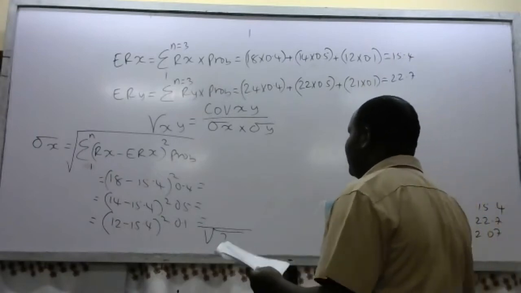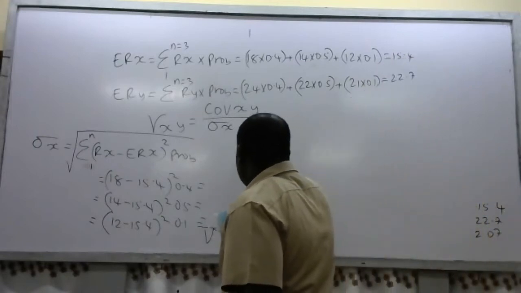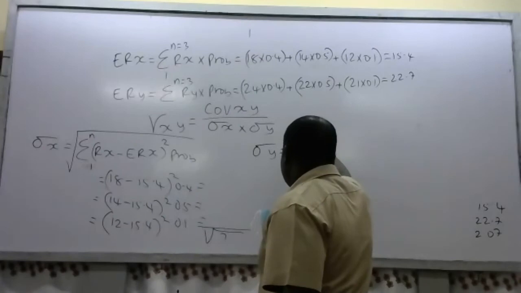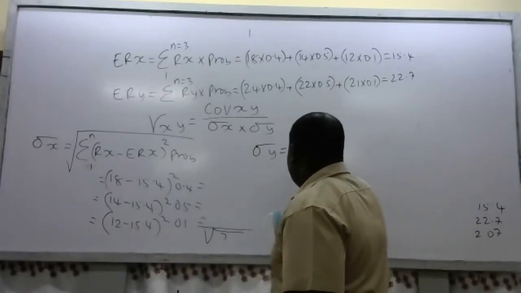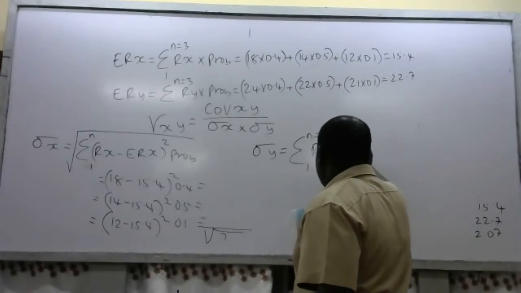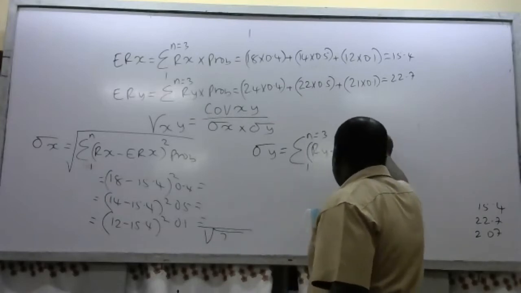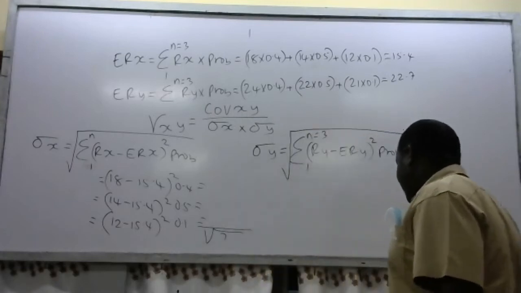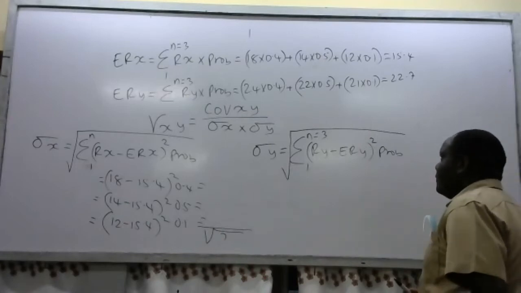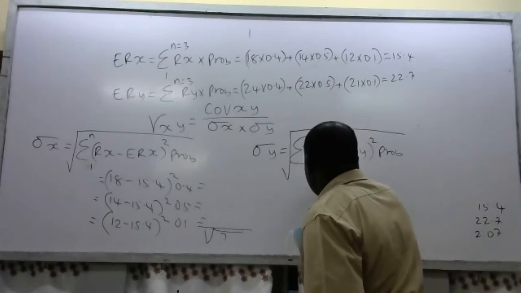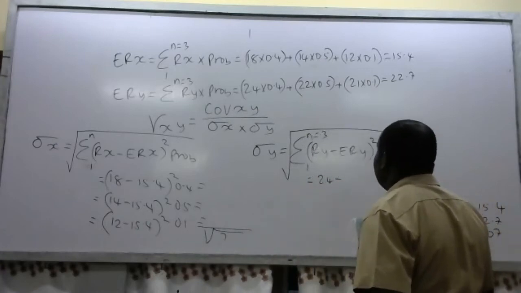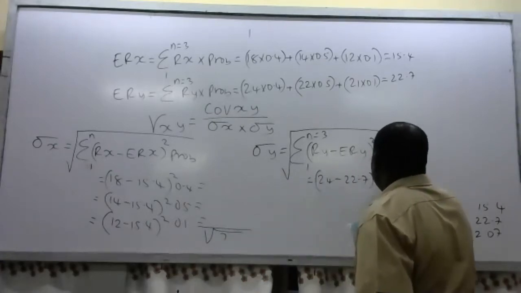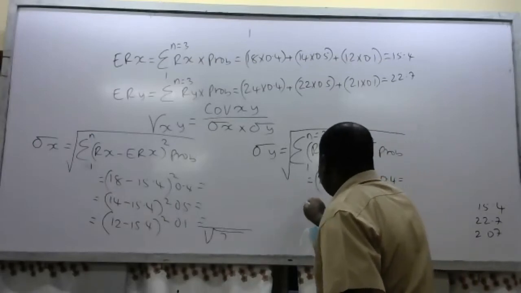You will also be required to get the standard deviation for y, also from the first to the last. So you take returns for y minus expected return for y, you square, also multiply by the probability. The first return for y was 24 minus expected return 22.7, we square, probability is 0.2.